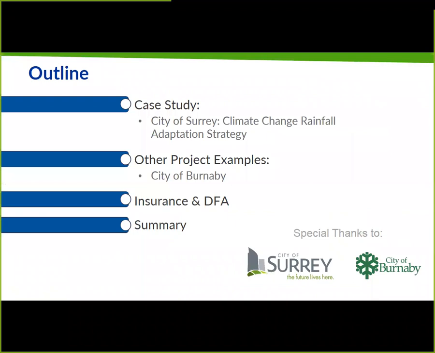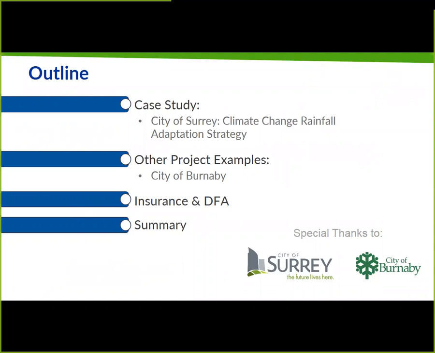So first, we'll start off with a bit of an outline. The whole presentation is going to be geared around the City of Surrey Climate Change Rainfall Adaptation Strategy, which we completed about a year ago now for the City of Surrey. Within the presentation, I'm going to bring in a few more examples from projects that we've done with the City of Burnaby, which have a level of similarity.